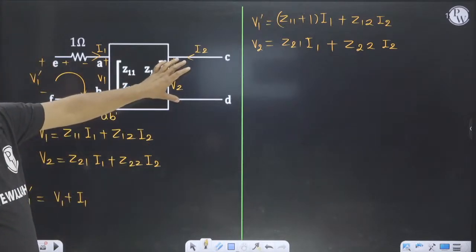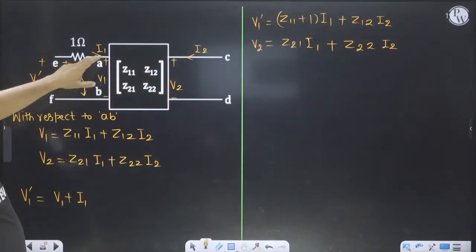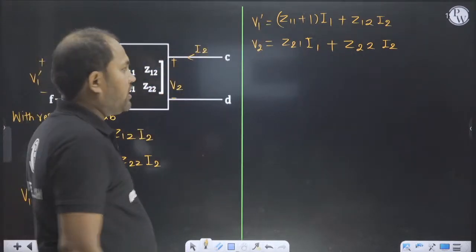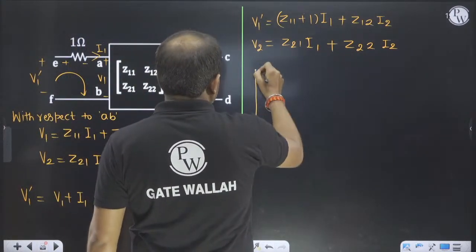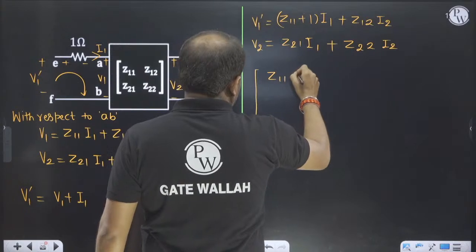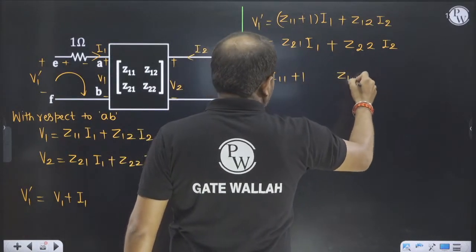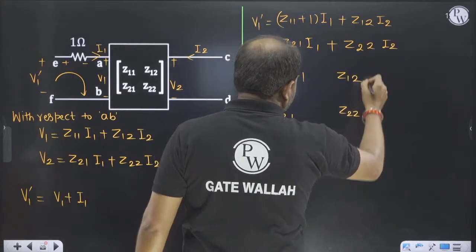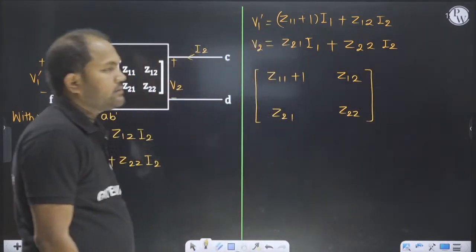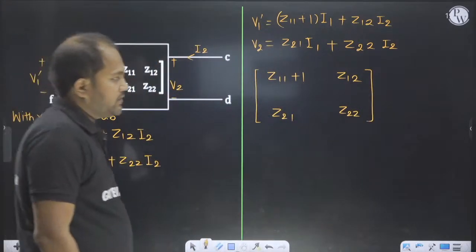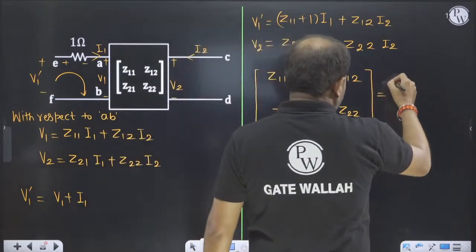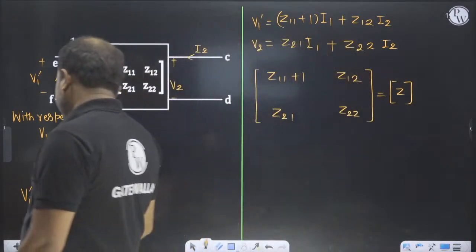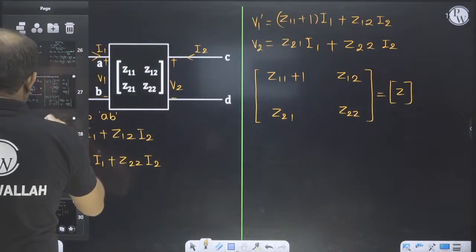Here V2 and I2 will not change, I1 will be the same, only V1 dash will change. So our new Z matrix will be Z11 plus 1, Z12, Z21 and Z22. You can go through it like this.